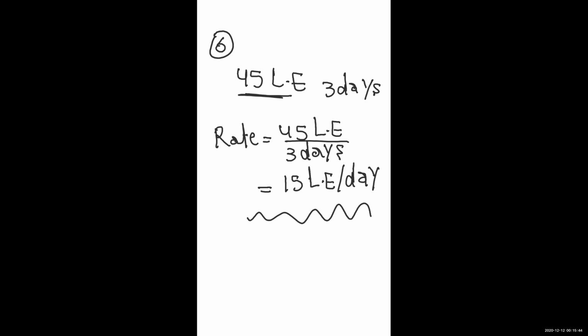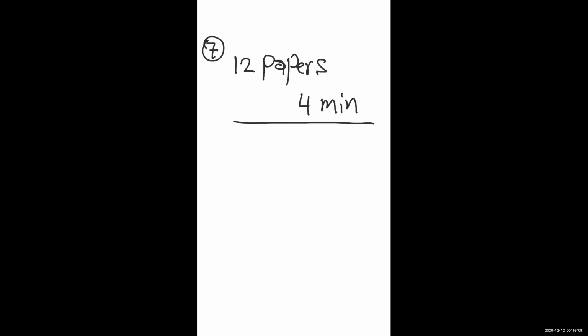Okay, the next question, question 7. A computer colored printer prints 12 papers every 4 minutes. Find the rate of printing of this printer.